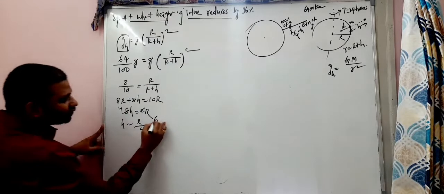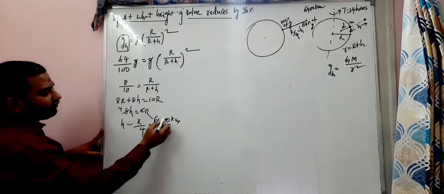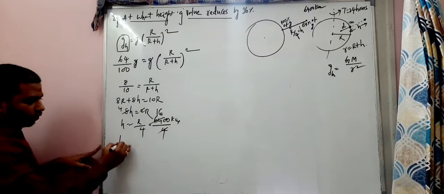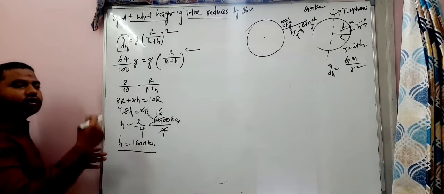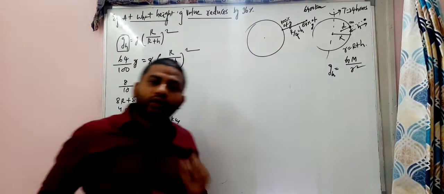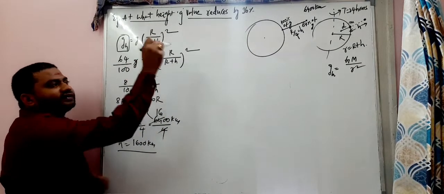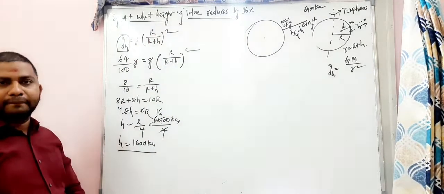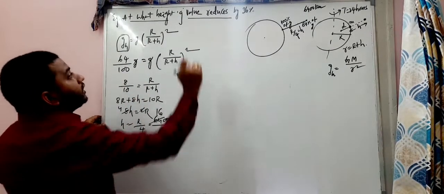And r is 6400 kilometers divided by 4, which is 1600. So height is equal to 1600 kilometers. You have to take it from here, 1600 kilometers. Only then your g value becomes 64% at that time and reduces by 36%.